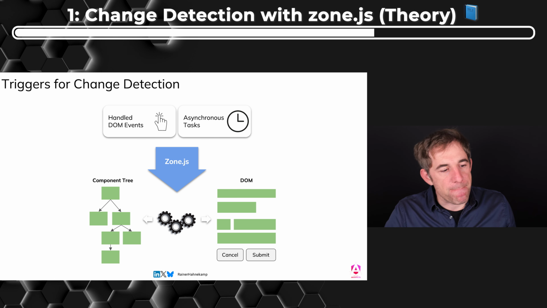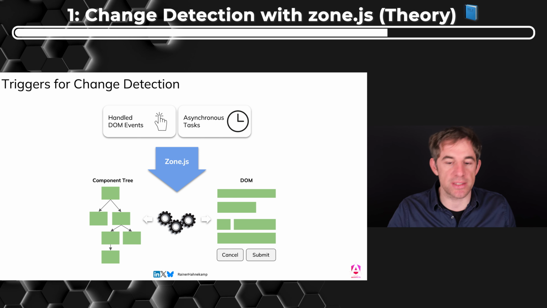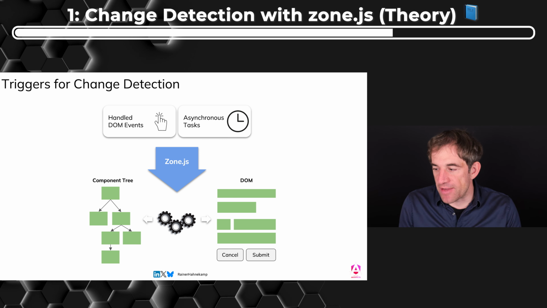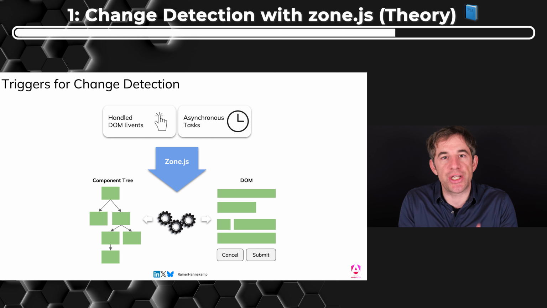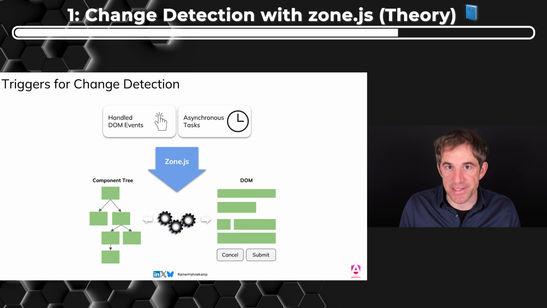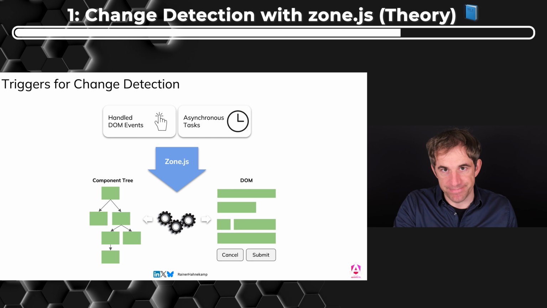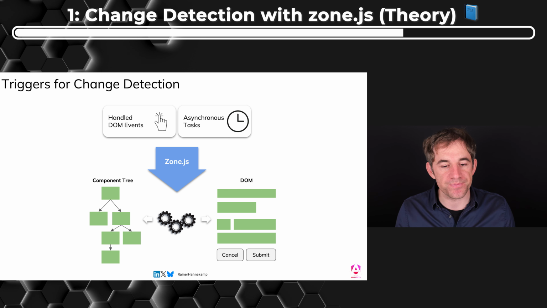If we now look at this change detection process, about the things which are good, then I would say what really shines is the DOM manipulation, because this is always the most expensive task. Whenever you go to the DOM and you want to do some changes there, that's really expensive. Adding two numbers doesn't cost anything.